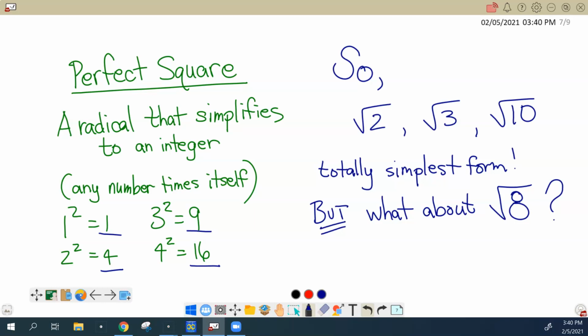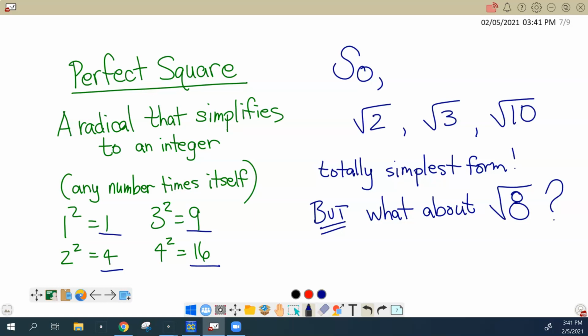1 squared is 1. 1 is a perfect square. 2 squared is 4. 4 is a perfect square. 3 squared is 9. 9 is a perfect square. 4 squared is 16. 16 is a perfect square.